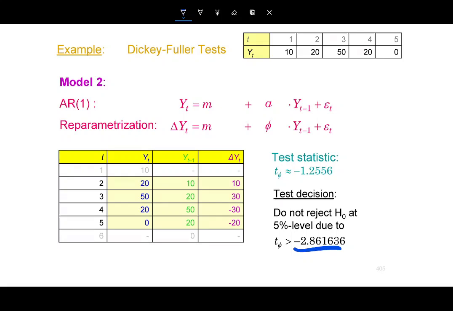Not the ones where I was addressing autoregressive conditionality, but any of the samples that you worked with. I want to test stationarity. I want you to test it. And if you find that the process is not stationary, I want you to test that for the increments as well.